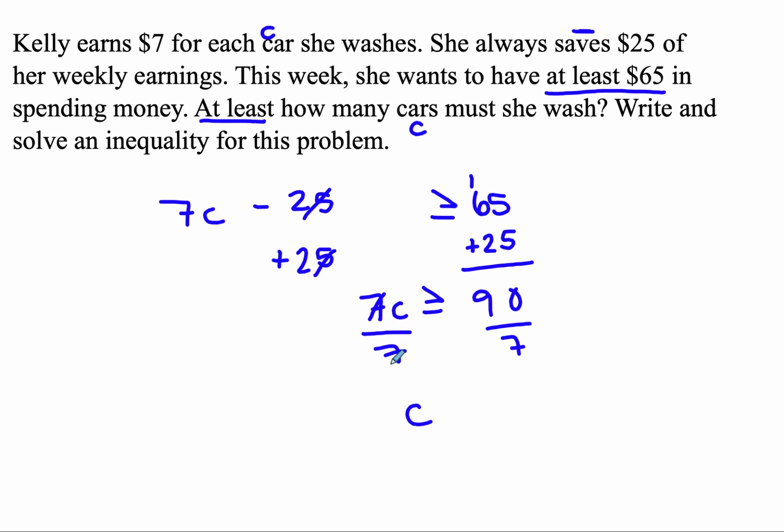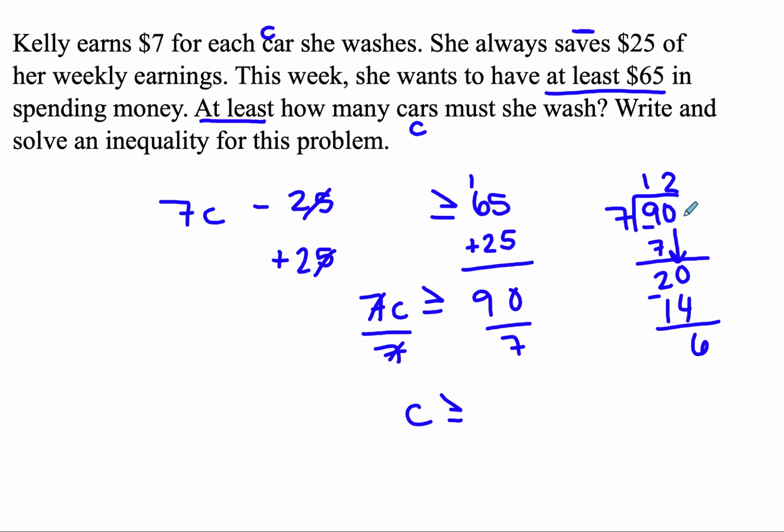All right, my inequality sign is going to stay the same because I'm dividing by a positive number. Let's do that calculation over to the side. 7 goes into 9 once. Have 2 left over. 7 goes into 20 twice. 20 minus 14 is 6.